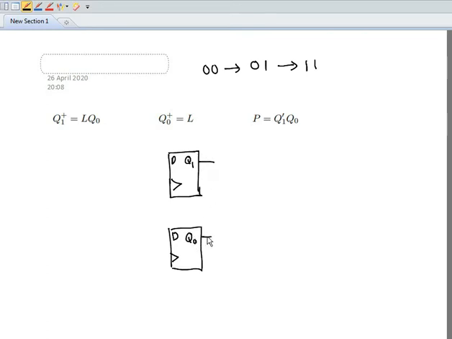Okay. So it's either going to be 0, 0 or 0, 1 or 1, 1. Okay. Remember we have 3 parts, so this is your state memory. So this is going to be our state memory.